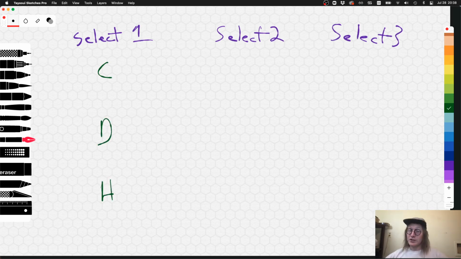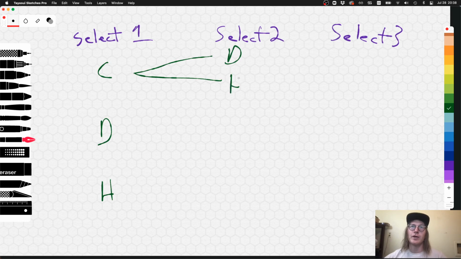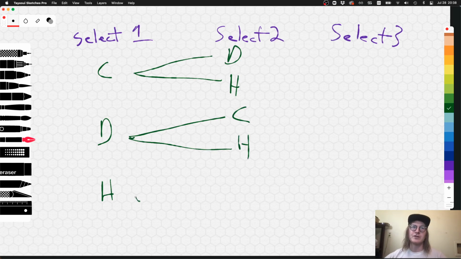This is an easier way in some ways to represent this. It's not reductive. So if we select a cat, then there are 2 different things we could select in selection 2. We either select the dog or the hamster. We select the dog, we select the cat or the hamster. We select the hamster, we select the dog or the cat.